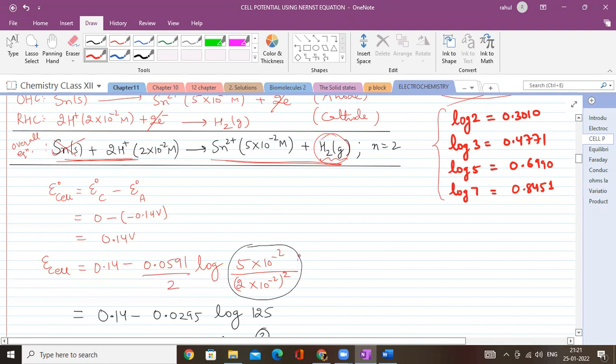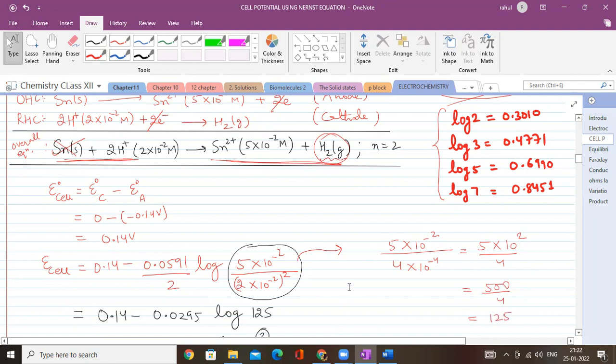Now I always used to say it's better that I solve this separately. So this is 5 into 10 to the power minus 2 divided by 4 into 10 to the power minus 4. If I shift this above, this is 5 into 10 to the power 2 divided by 4, that is 500 divided by 4, which is nothing but 125.